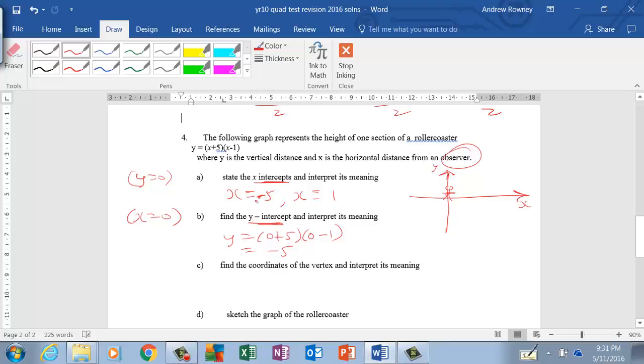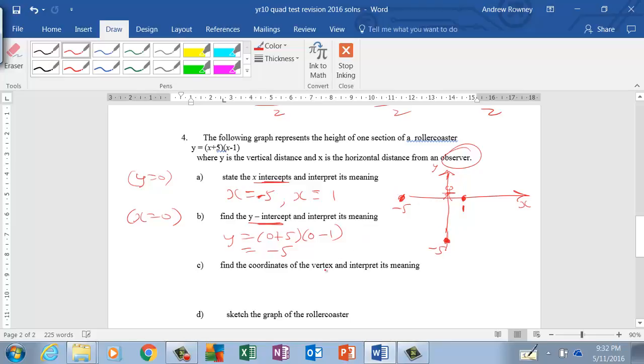Then x equals minus 5 is back here, x equals 1 is here. That means the roller coaster at minus 5 and 1 are on the same level as the observer. And the y-intercept being minus 5, that's sitting down here. That's saying that the roller coaster is, when it gets to the observer, 5 meters below the observer.